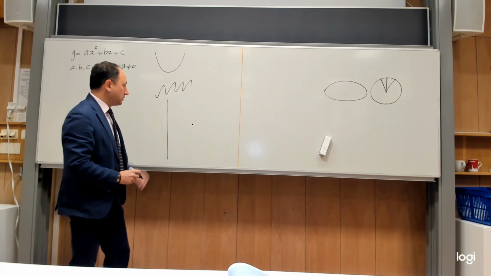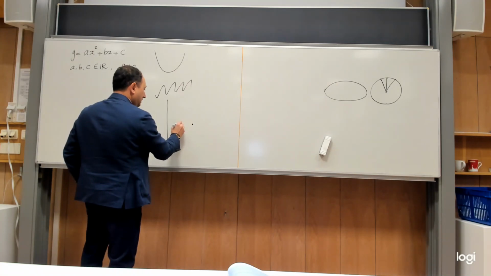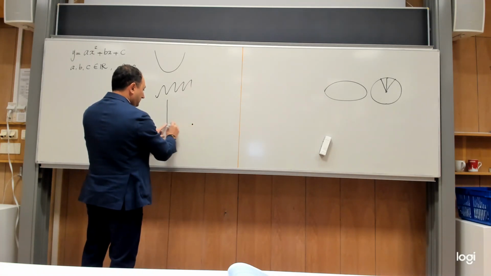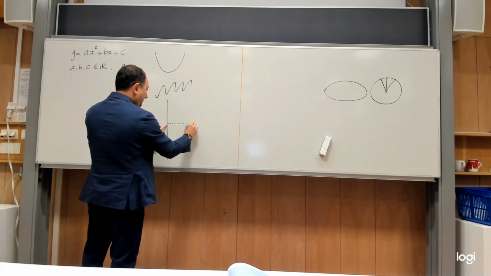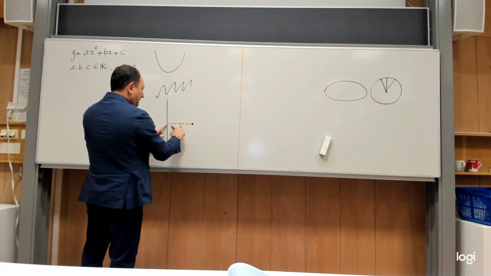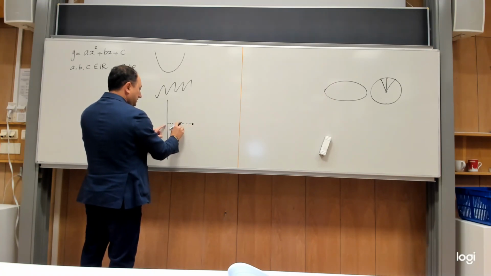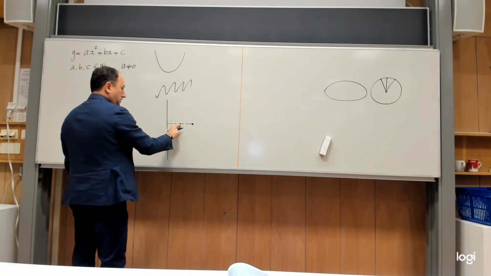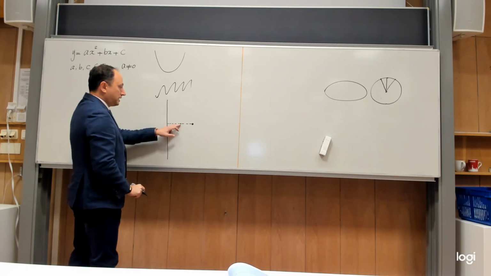Okay? So for example, this point here, exactly in the middle, is equidistant from here and there, yes? So this is one point of the parabola.